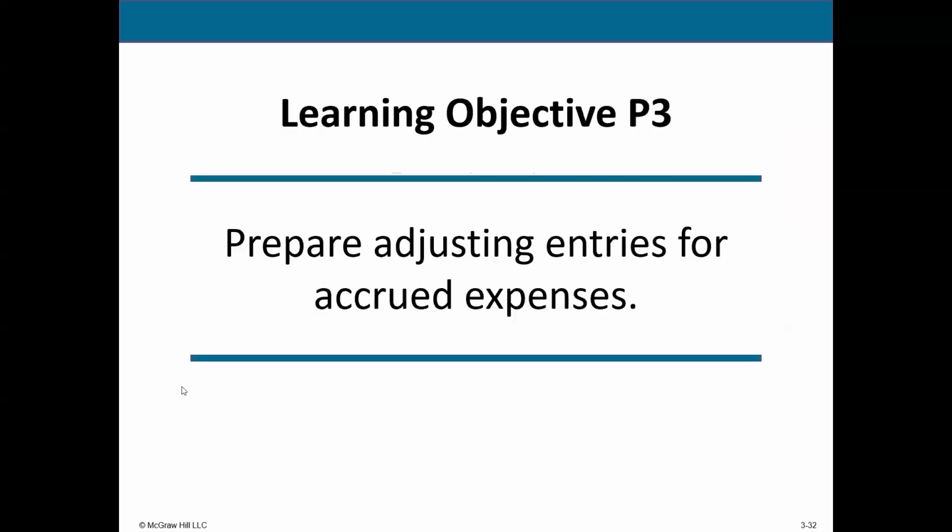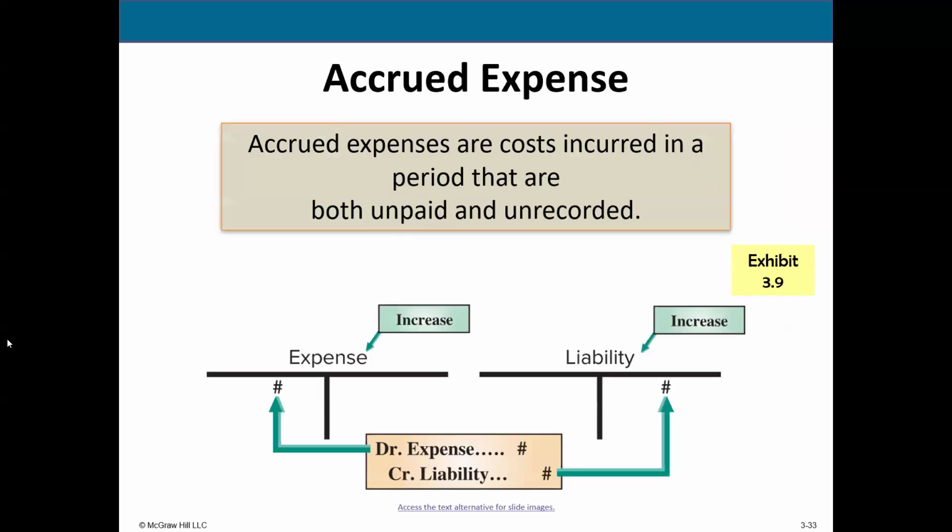The next type of journal entry that I like to explain is accrued expenses. Now, accrued expenses are expenses that we have incurred, but we have not yet paid or recorded. Typical examples of this type of thing would be wages.